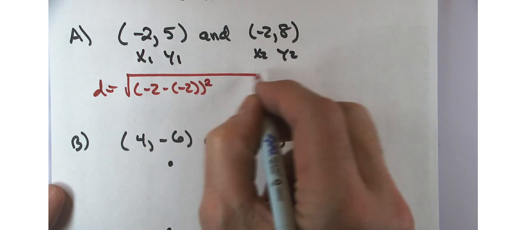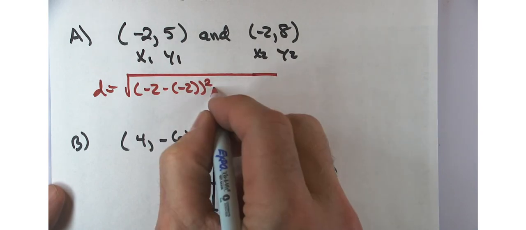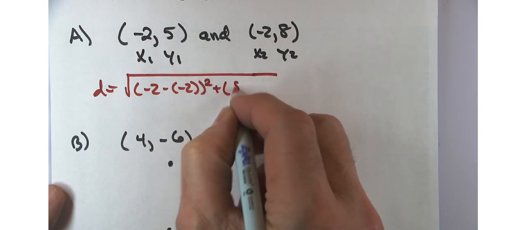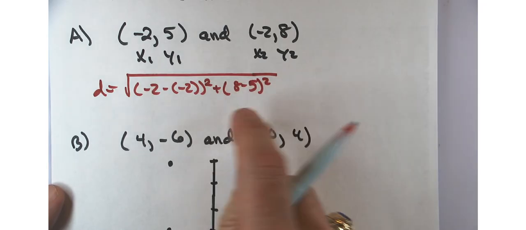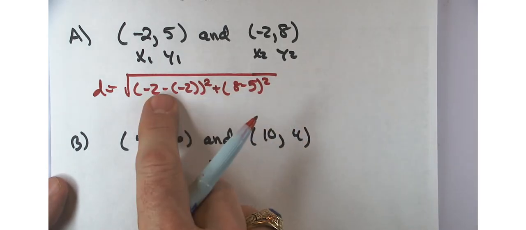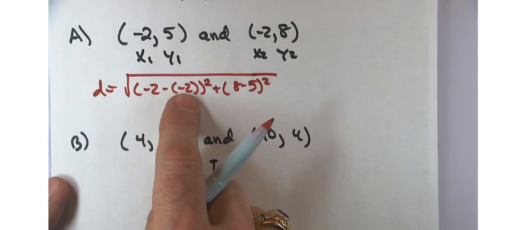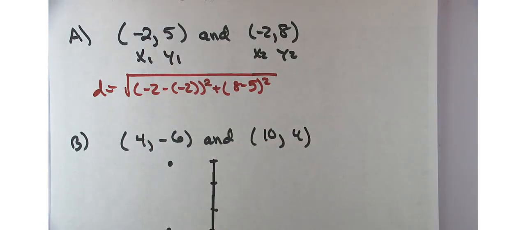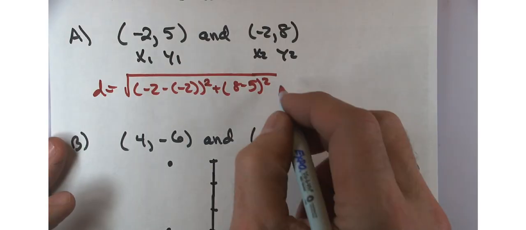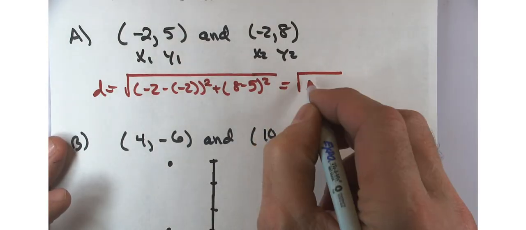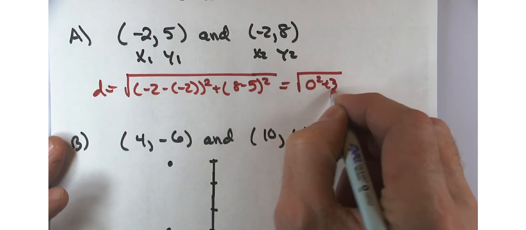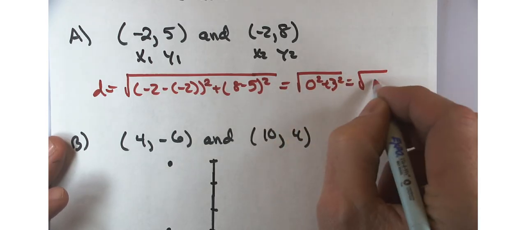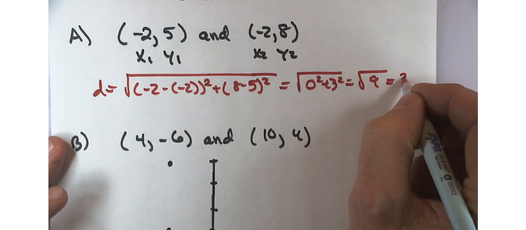We need to square that and then add 8 minus 5 squared. What happens when you have -2 minus -2? What are you going to end up with? 0. So you're going to get the square root of 0 squared plus 3 squared, which is the square root of 9, which is 3.